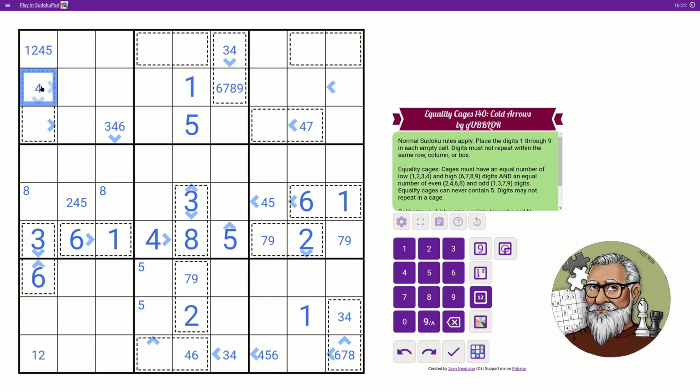It can't be 5, that's by definition, because it's in a cage. It's not 6, but it can be 7 still, right? Oh, another 4, 7. That's interesting. So if it's 4, that works already. That's fine. But if it's 7, then this one is fine.